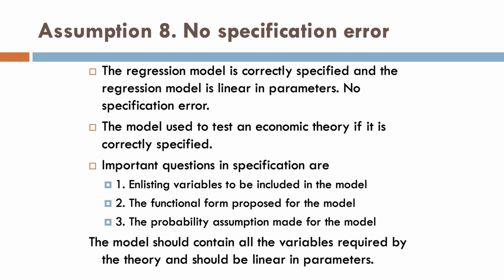The specification error is defined in terms of three dimensions: one, enlisting of variables to be included in the model; the functional form proposed for the model; the probability assumptions made for the model. The model should contain all the variables required by the theory and should be linear in parameters.